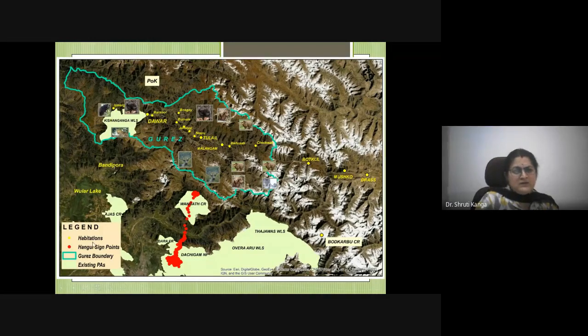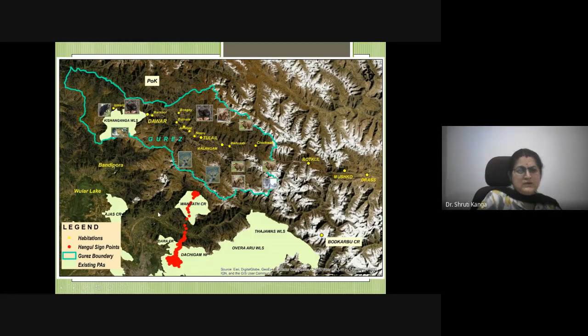different habitats, different hangul sign points, and the existing protected areas, and then the park boundaries plotted over the satellite image of the Dachigam National Park.